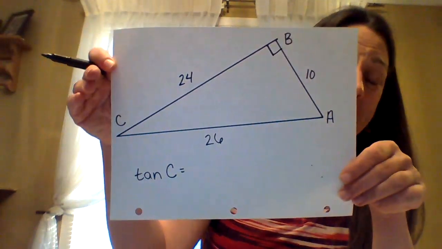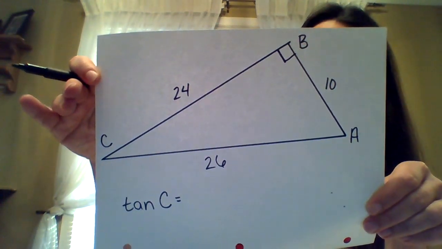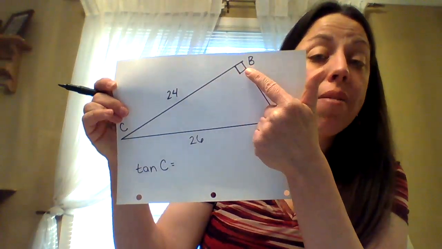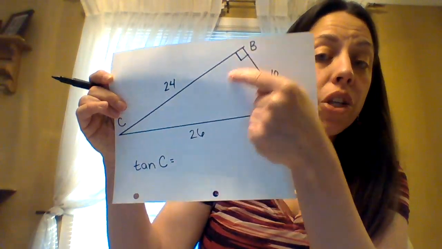All right, just to make sure we know what's going on and we have an example of each, I have one more triangle. Again, it's drawn in an interesting way. But angle B is the right angle, so go opposite of it. Let me make sure I write it right this time. Opposite of the right angle is our hypotenuse.